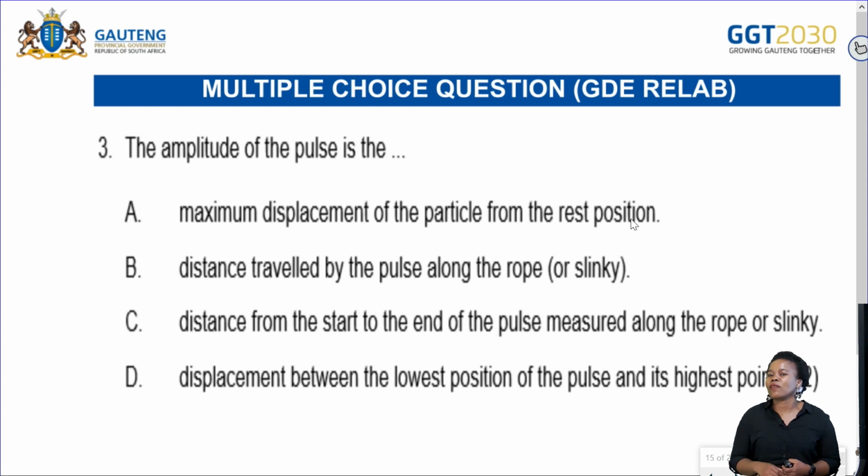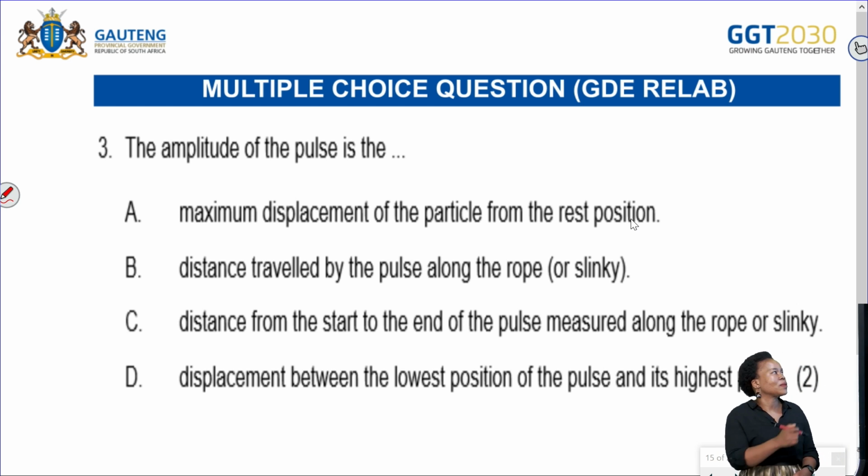B, distance traveled by the pulse along the rope. C, distance from the start to the end of the pulse measured along the rope or slinky. And then D, displacement between the lowest position of the pulse and its highest point. So which one is our correct answer? The maximum displacement of a particle from the rest position.